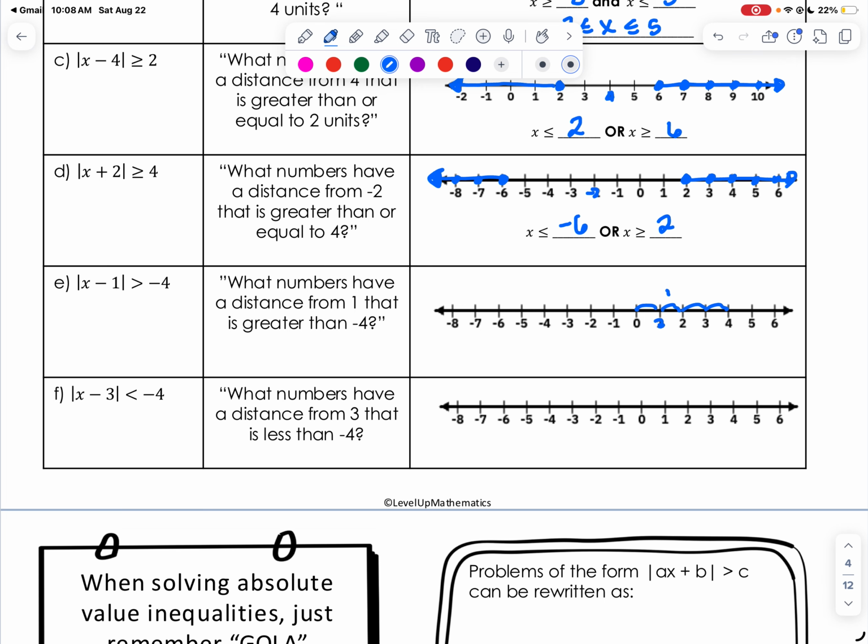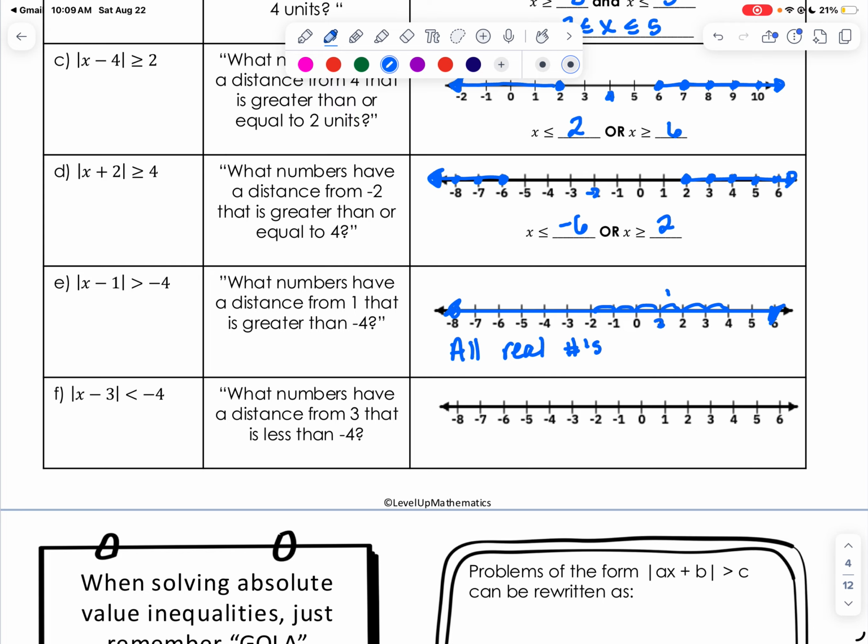Actually, all the numbers on this number line are going to have a distance that's greater than negative 4. So we could say all real numbers. That's because distance is either equal to 0 or it's positive. Therefore, what numbers have a distance that's greater than negative 4 units? All of them. So I'm going to shade in the entire number line and put arrows at each end.